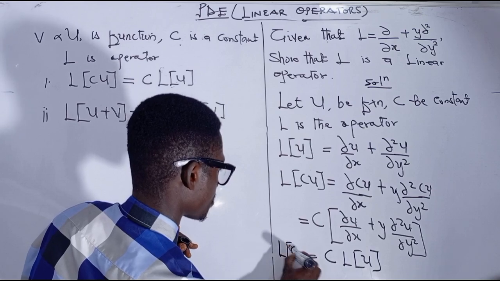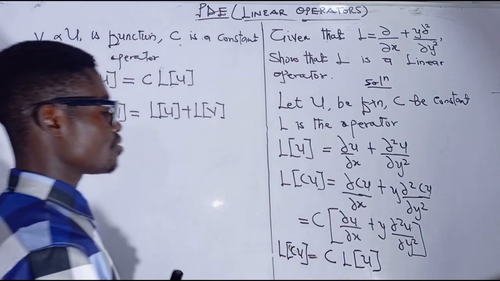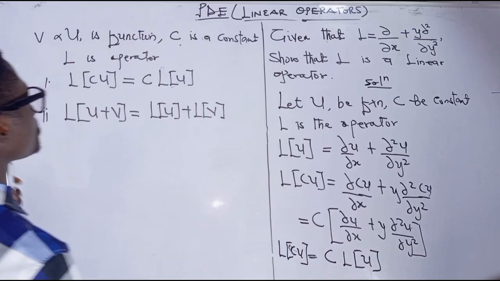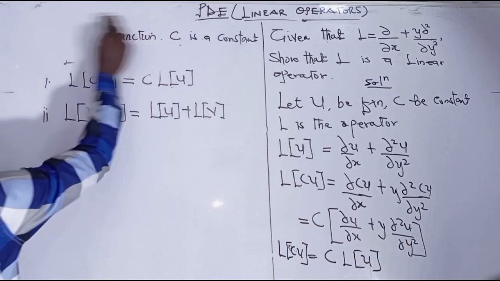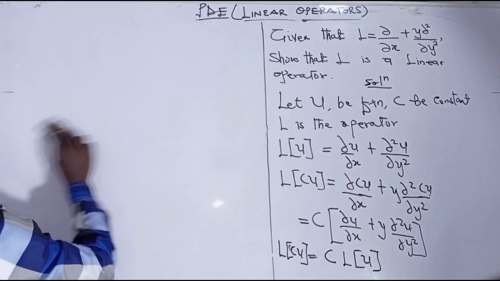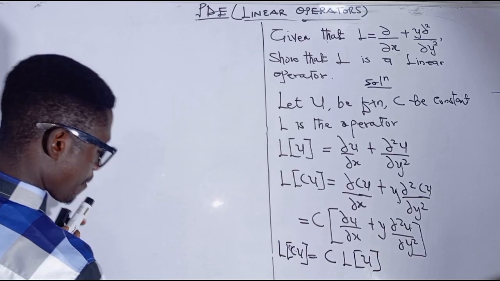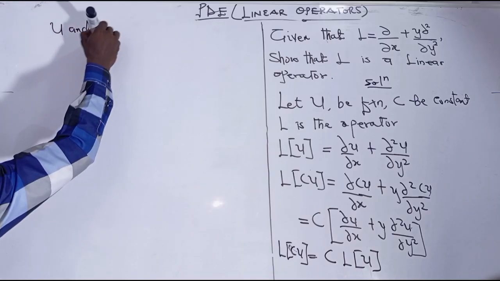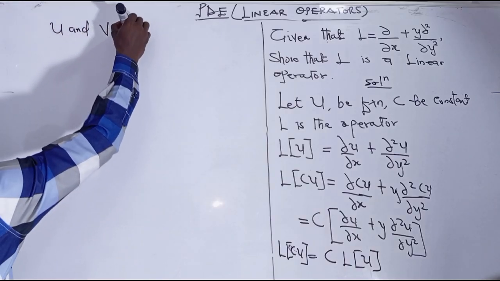Then we move on to the second condition. With this, we are going to add another function. So we have u and v as our functions.